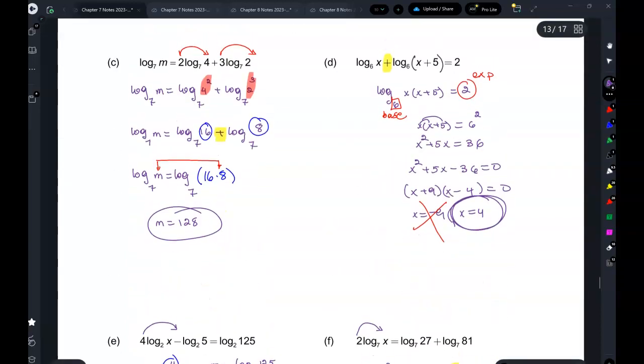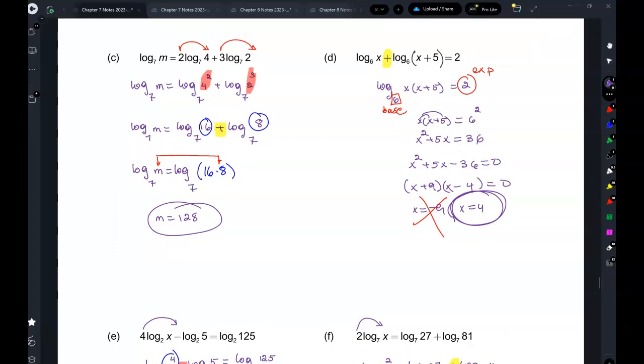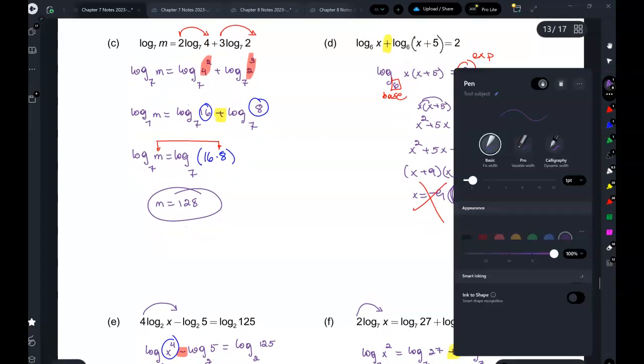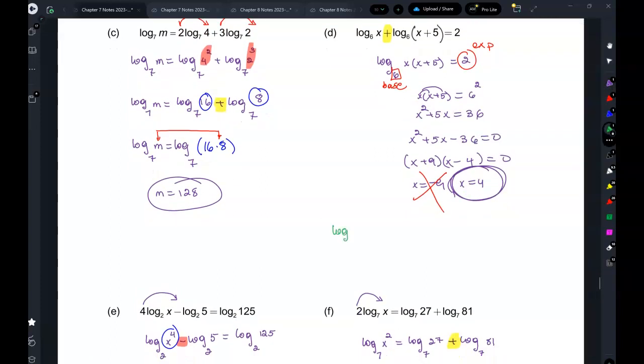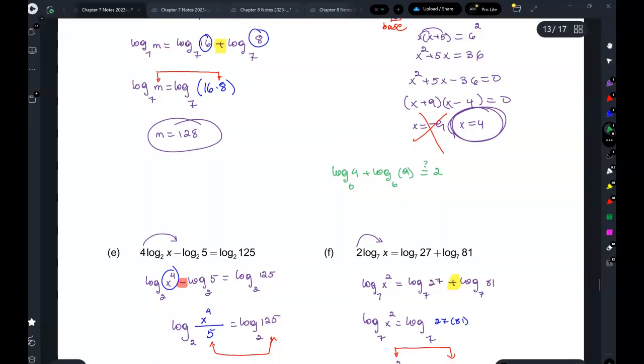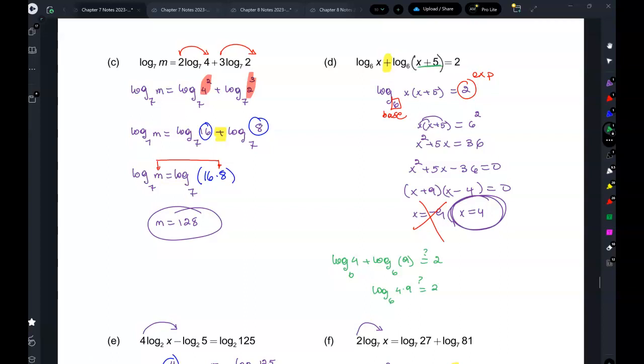You check it like we did before, right? So you plug it in here. So log base 6 of 4 plus log base 6 of 9. Does this equal 2? But what is this now? This is log base 6 of what? 4 times 9. When you put 4 into here, it's x plus 5, so it's a 9.